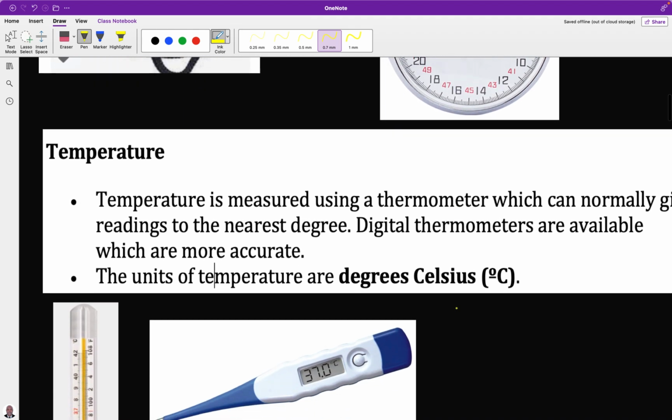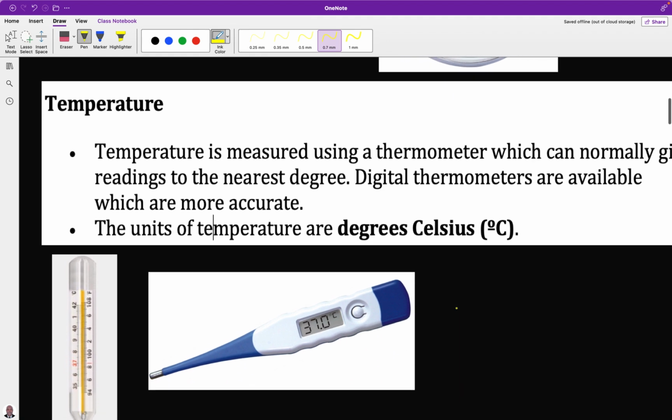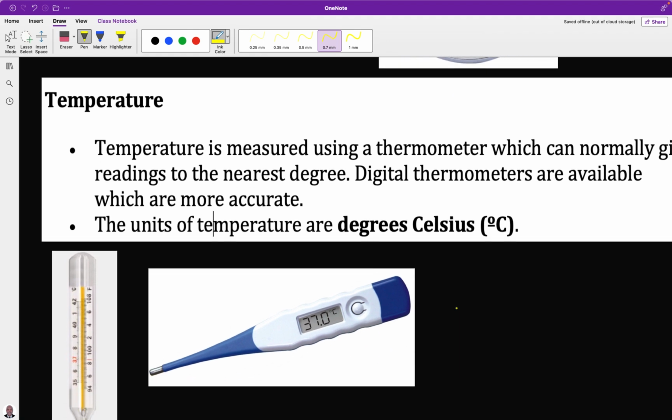Then the second factor that is used in the measurement, especially for energy changes or enthalpy changes in the laboratory, is temperature.